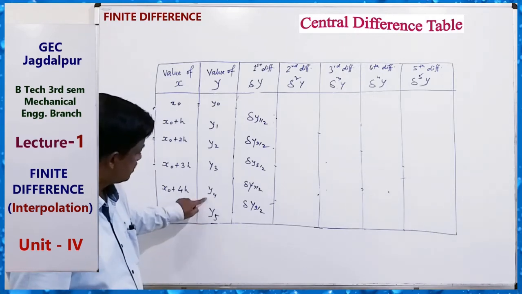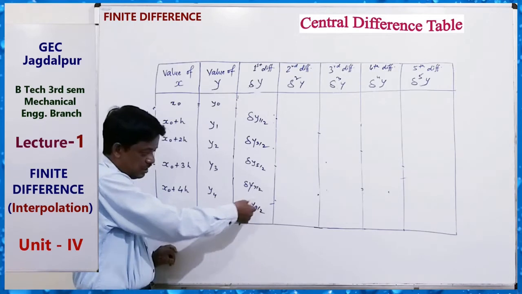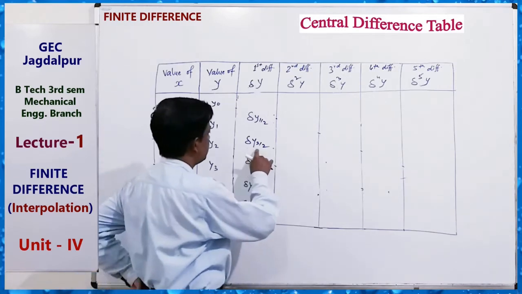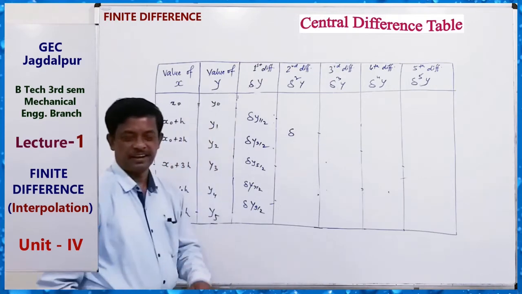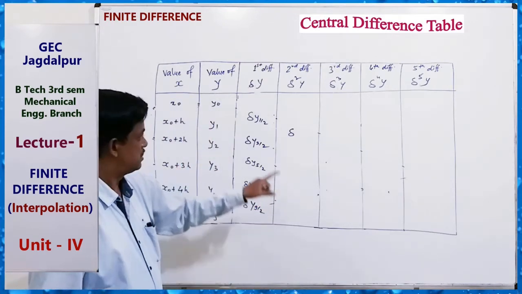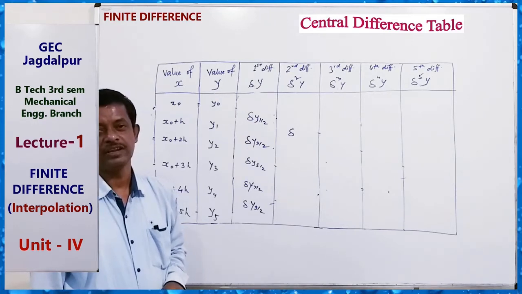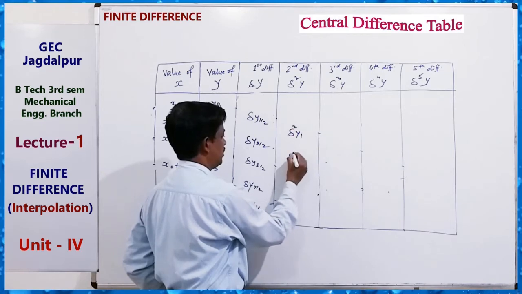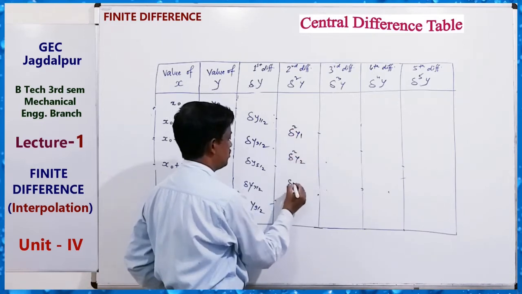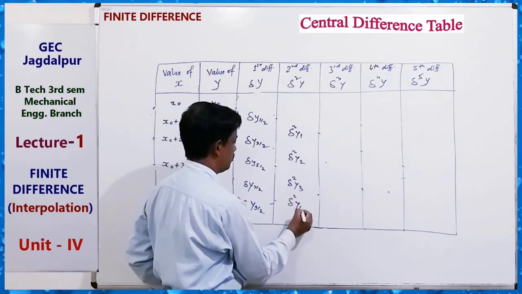Just this minus this, and we know the average of these two is here. So this minus this is delta. Now the average of this half and 3 by 2 is 2 by 2, 1. Second order difference y1, second order difference y2, second order difference y3, second order difference y4.